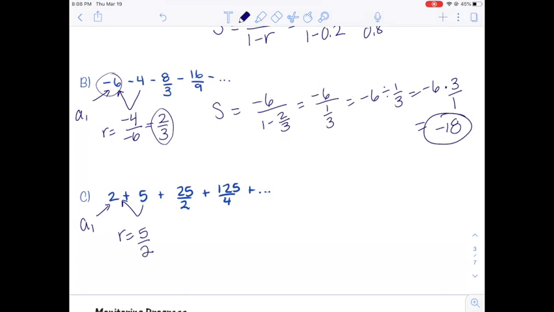So that's really what you would be multiplying each term by to get the next. Plug it into your sum formula, and you get 2 divided by 1 minus 5 over 2. And that's equal to negative 4/3 when you simplify that out.